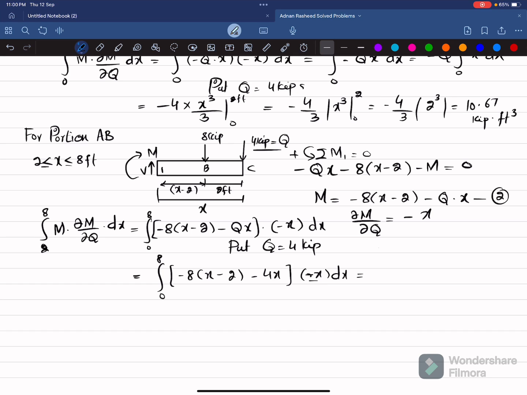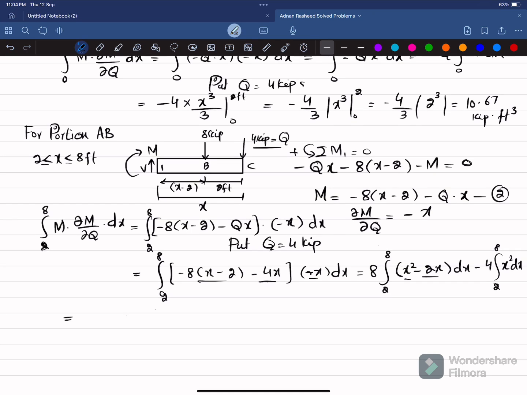When you multiply this minus with both terms, it will be equal to 8 times the integral from, this is 2 to 8, not 0 to 8, 2 to 8, of x squared minus 2x into dx, and this term will be minus 4 into the integral from 2 to 8 of x squared dx.